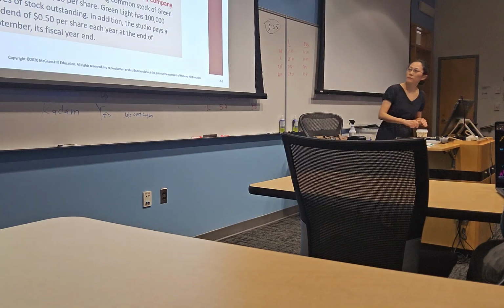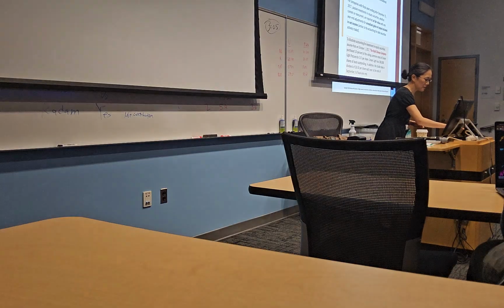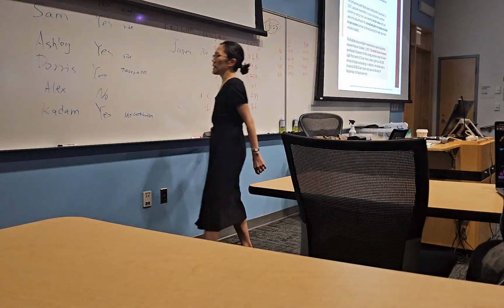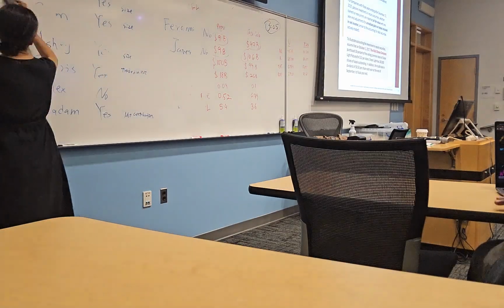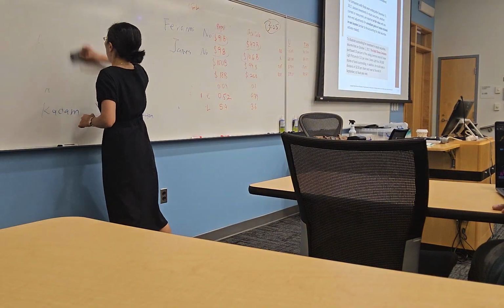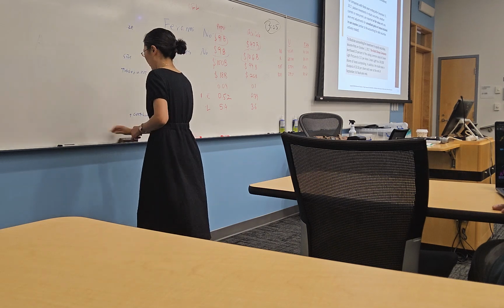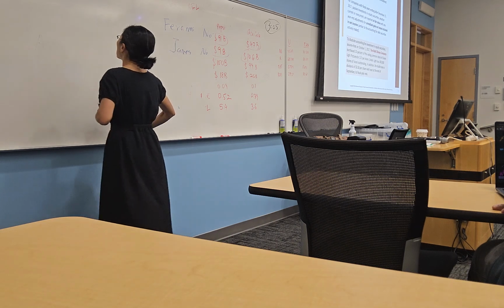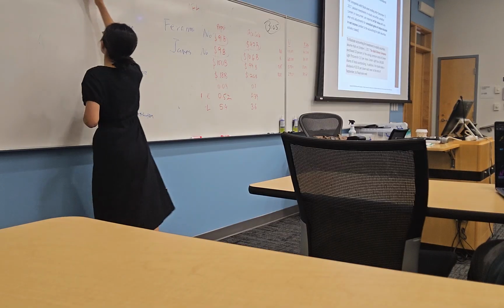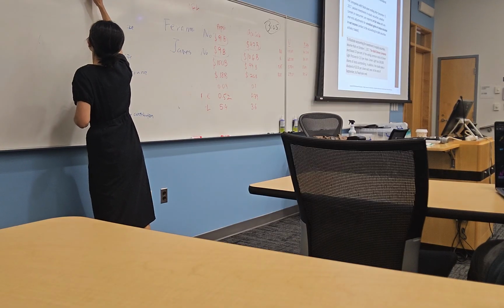Now I want to go through an example. So let's say you bought Facebook stock. After I talk about this example, then we move on to the sign. So this is June 1st.